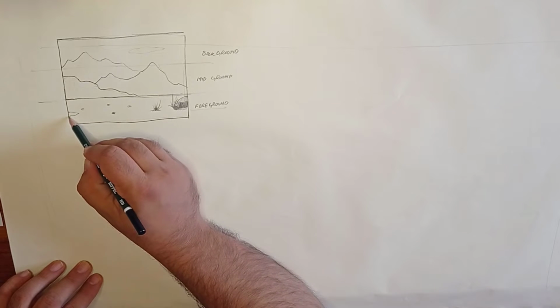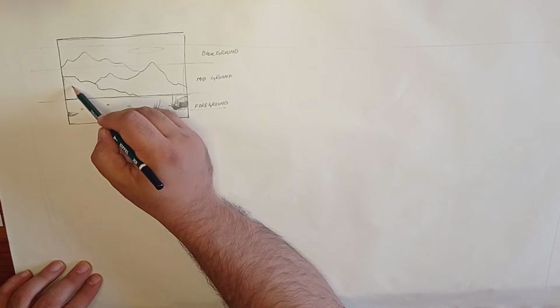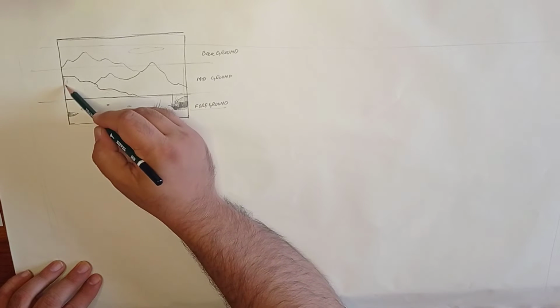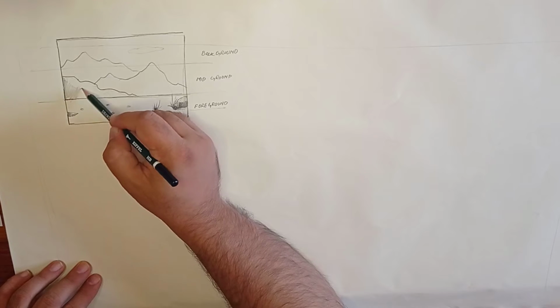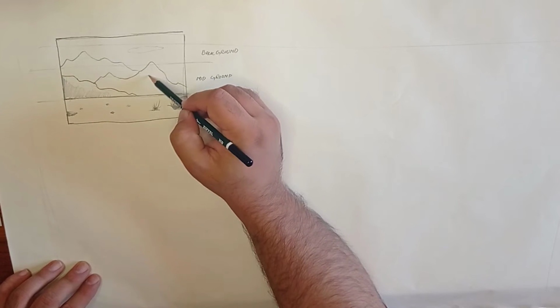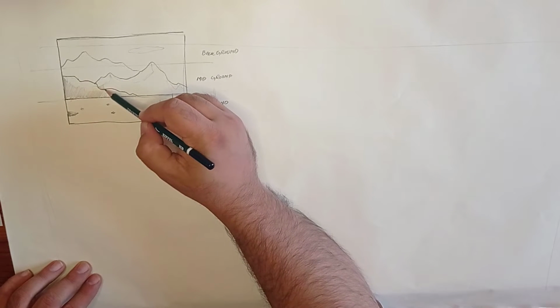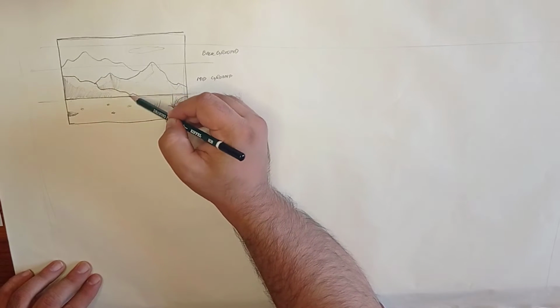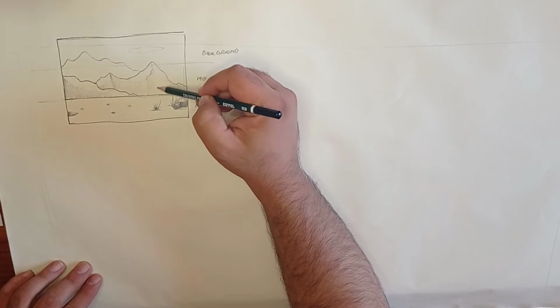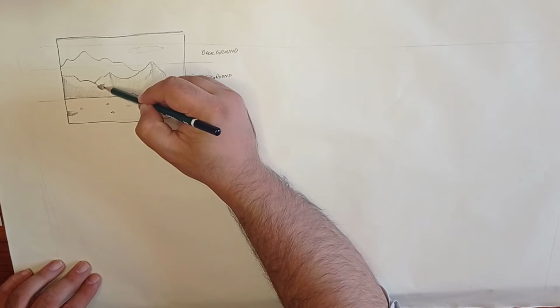You can take any photo, or you can also try from your imagination while designing any concept or background. In the midground I have drawn mountains, and in the background I have also drawn a mountain with sky and clouds.